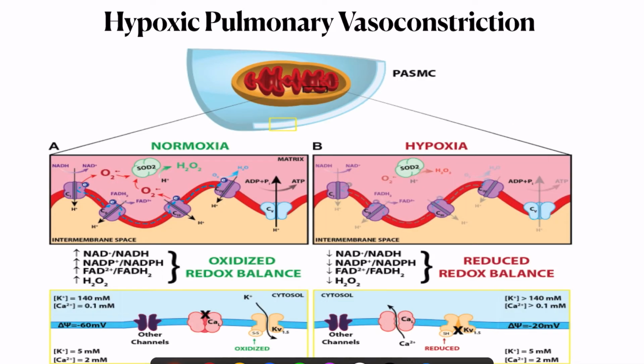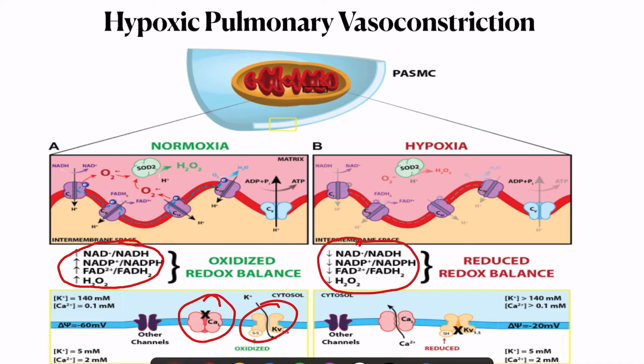Now this is mainly because of factors that are affecting the redox balance. In an oxidized state, these parameters are maintained, resulting in the closure of the calcium channel and opening of the potassium channel. However, when the redox balance is reversed due to low oxygen levels, the calcium channel opens and the potassium channel closes, resulting in vasoconstriction.